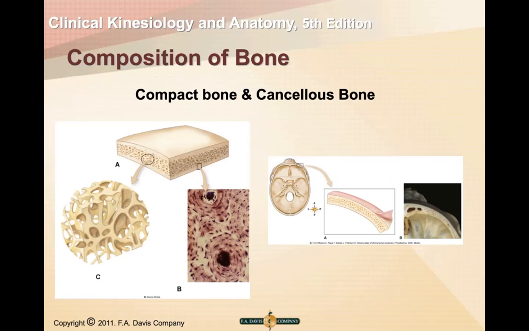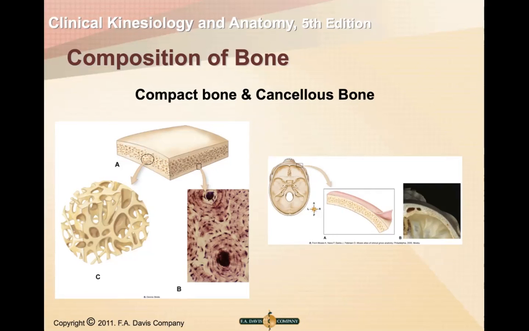Okay, there are two types of bone that we normally have. We have compact bone and we have cancellous bone. Compact bone is what we normally want. So let's look at this picture on the left side of your screen, A, B, and C. A would be the cross section of the bone, and then the B picture is the actual cells.